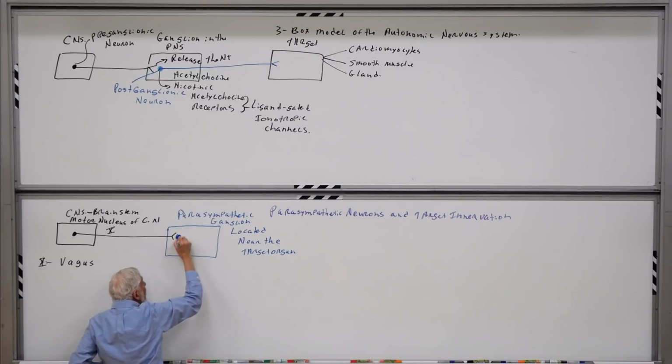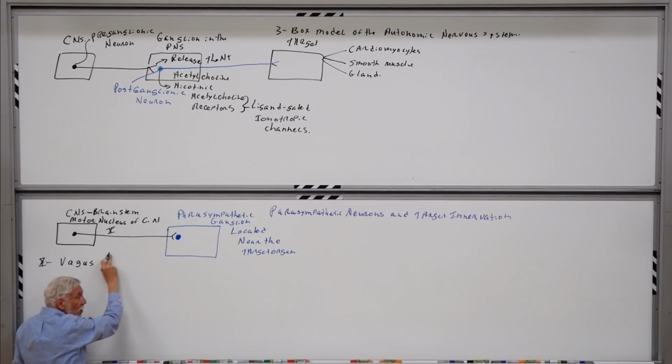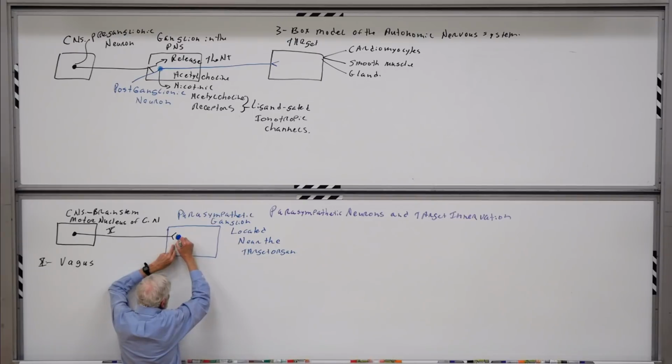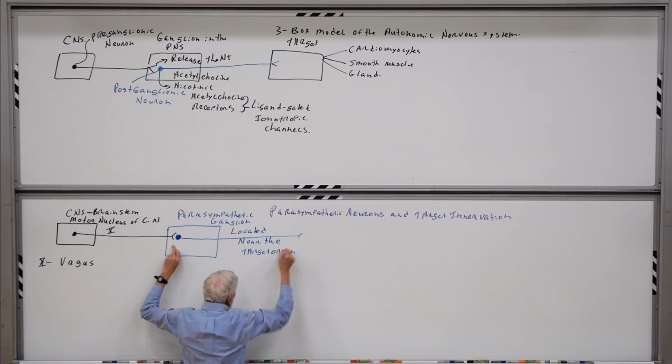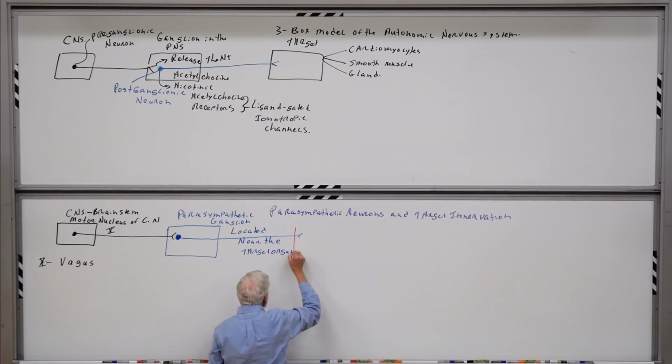It has a neuronal cell body that receives a synapse from the preganglionic neuron. As above, the acetylcholine is the neurotransmitter, and the receptors are nicotinic acetylcholine receptors. Then this neuron sends a process out and innervates the target.